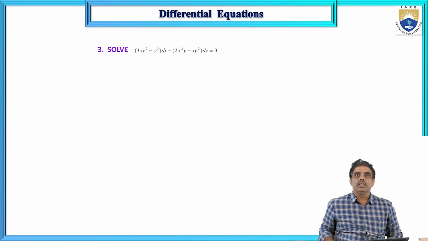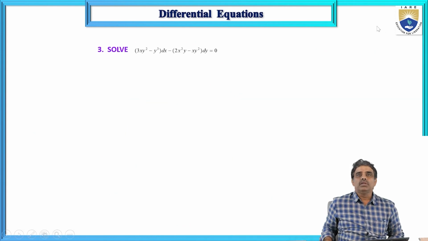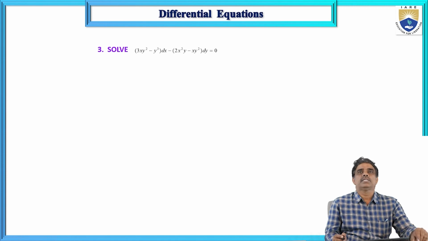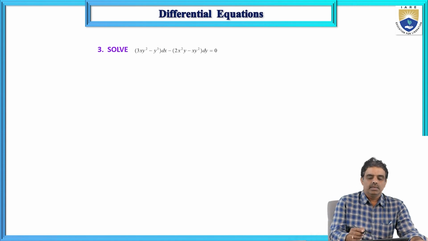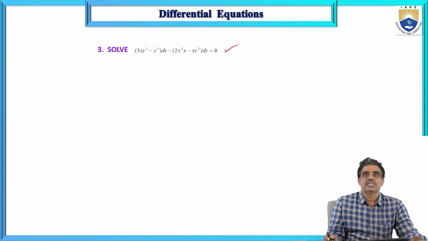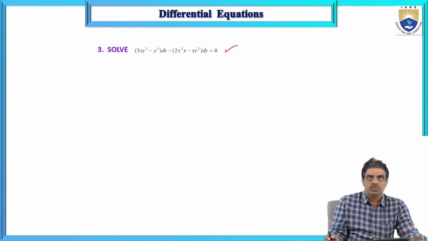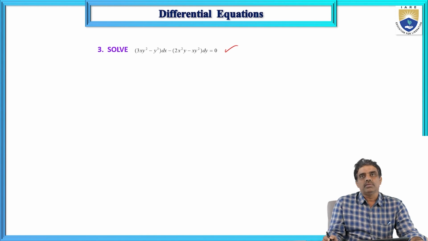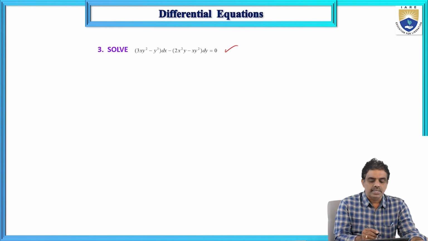Similarly, we do another problem. Solve the differential equation 3xy square minus y cube of dx minus 2x square y minus xy square of dy is equal to 0. I will solve this equation also in the same procedure.